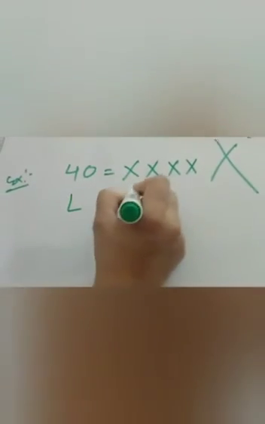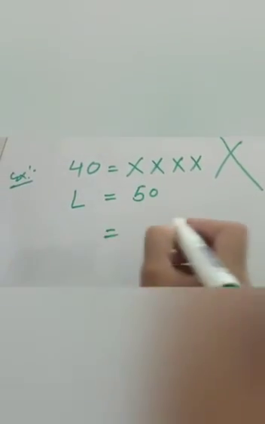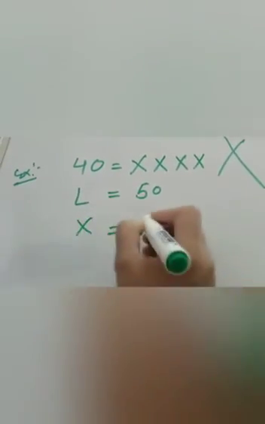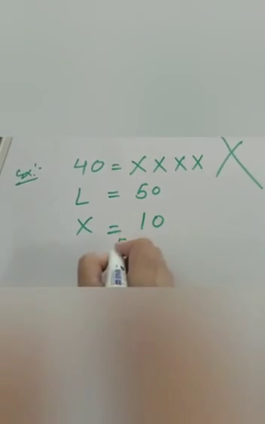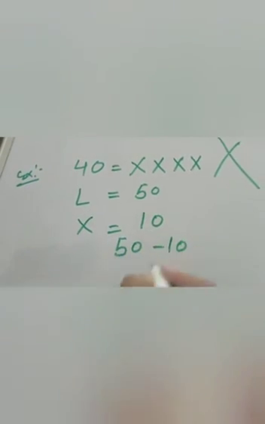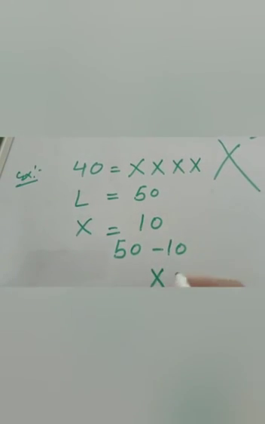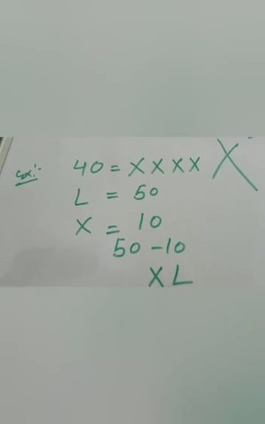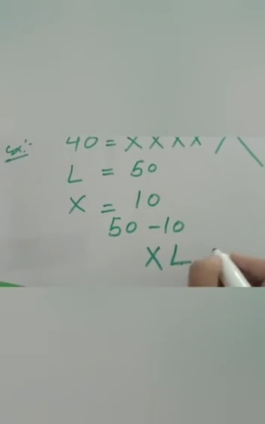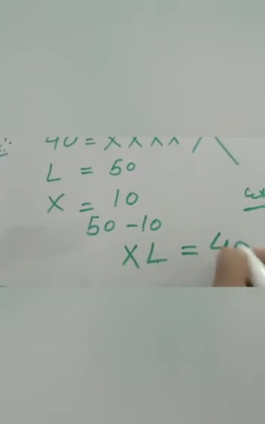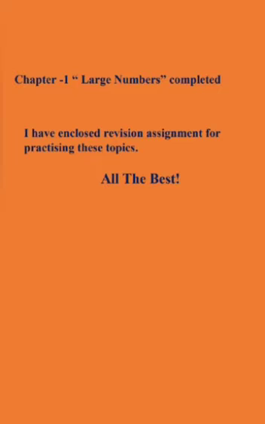L represents 50, and X represents 10. So we do 50 minus 10, and for this we will write XL. We subtracted 10 from 50 and it becomes 40.